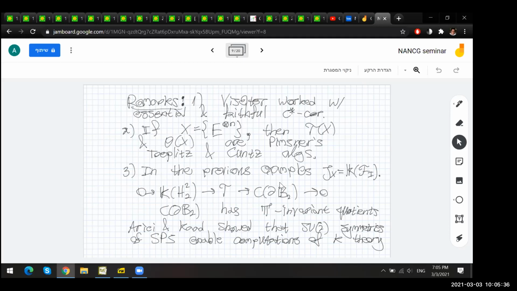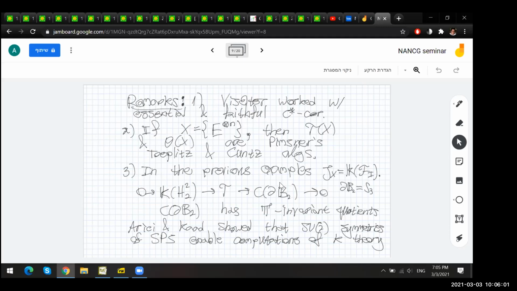Because of the way that you constructed the subproduct system, it's going to have this additional SU2 symmetry. And of course, you should notice that here the boundary of the two ball is just S3, and there's a natural way that SU2 acts on that thing also.